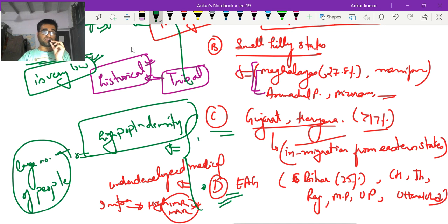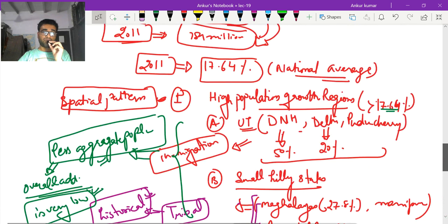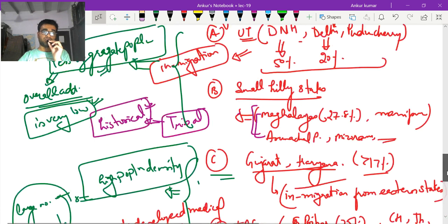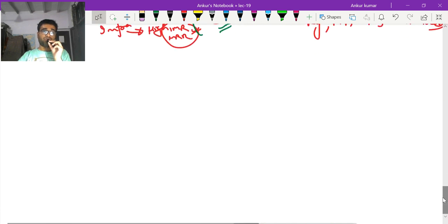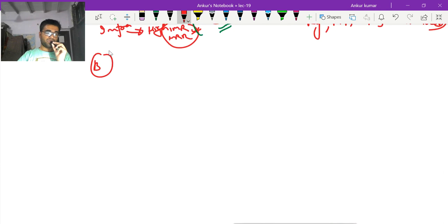So this is the first category, in which we did the states which have population growth more than the national average, that is 17.64%. Moving on to the B category, that is the states having population growth between 10 and 17.64%, the medium growth category.